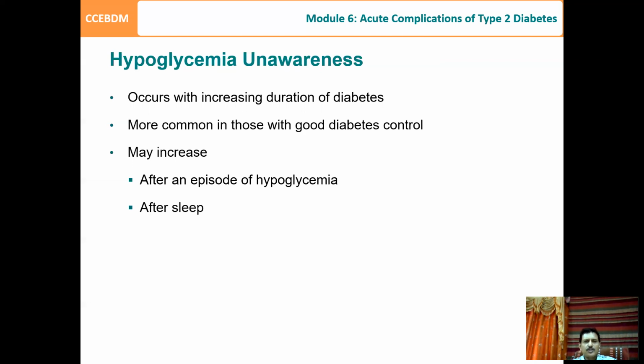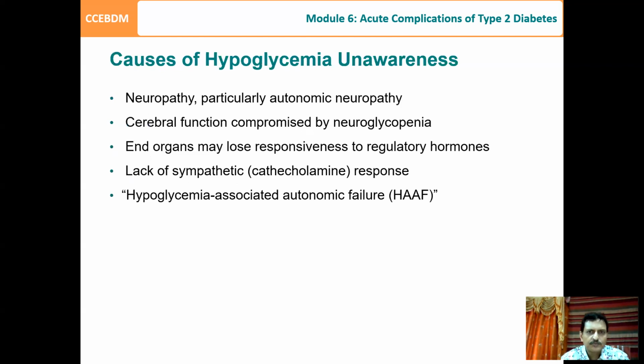So the patient remains unaware when there is an episode of hypoglycemia. This is very dangerous because the patient will not understand that they're facing impending neuroglycopenia, or sudden neurologic symptoms, without going through the adrenergic symptoms.